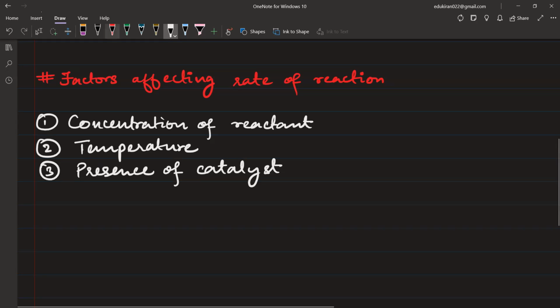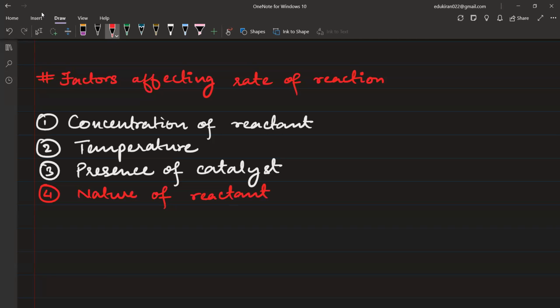Now there are some more factors that we are going to learn, but these are the 3 main ones that we have to keep in mind. Fourth, nature of reactant and product. Fifth is the surface area, which is explicitly for solids.